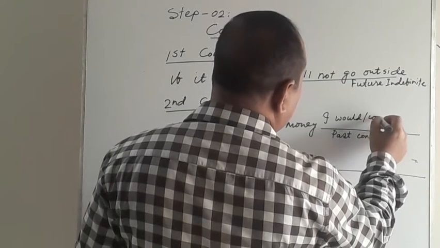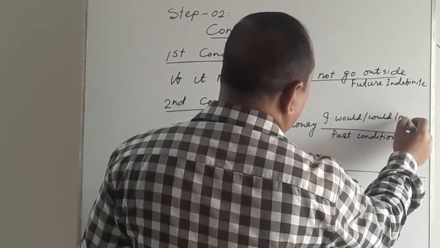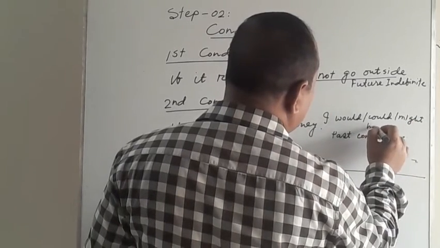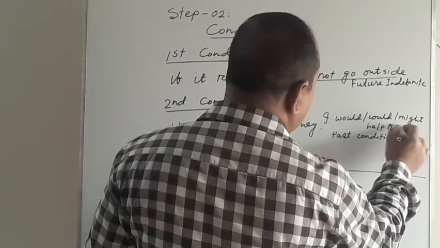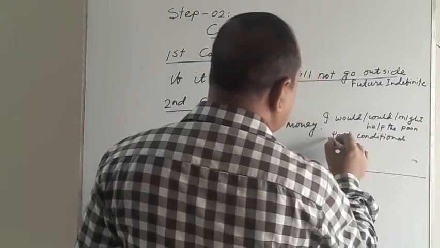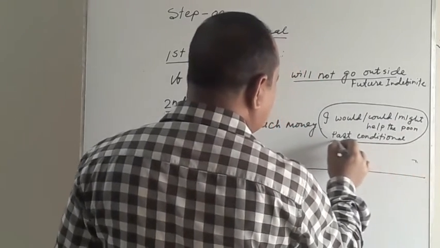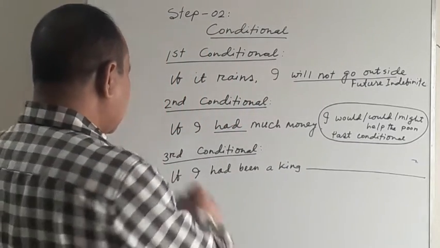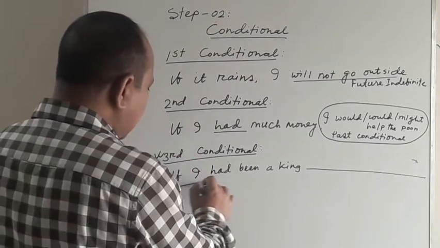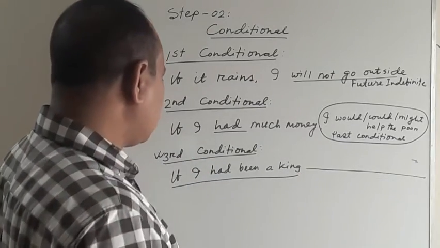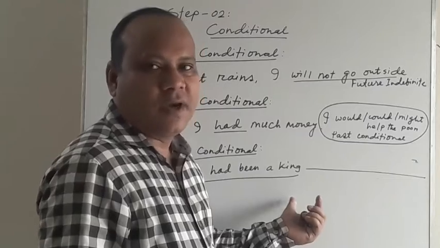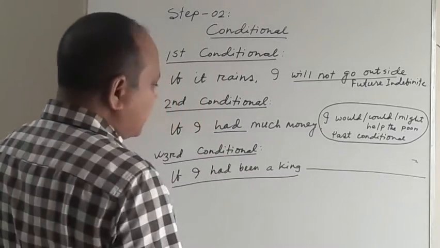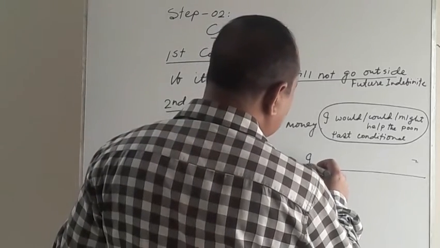I would or could or might, what can I do? Help the poor. And this portion is named past conditional. Here, in third conditional, if the if clause is in the past perfect, the next portion would be perfect conditional. So the sentence is, if I had been a king, what can I do?